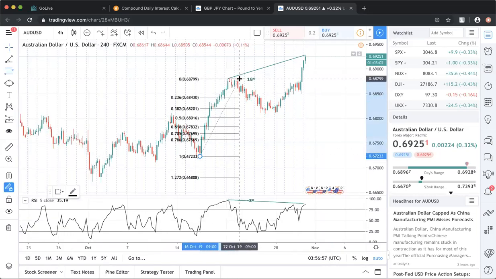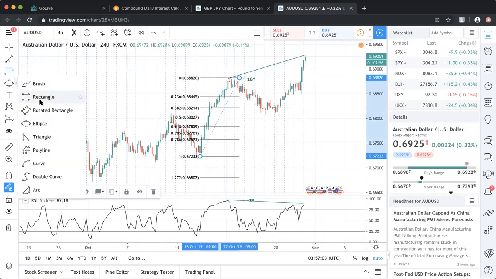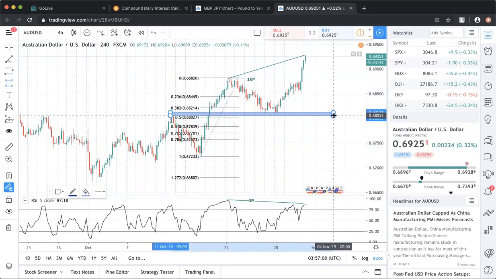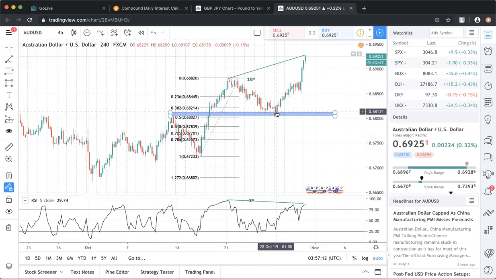If we were to look here, it didn't hit the 50%, but it definitely hit this previous level right here. Look how it touched this previous level. You had 3 tops on the bottom. So this was giving you indication of bearish momentum, right in between the 38.2 and the 50.